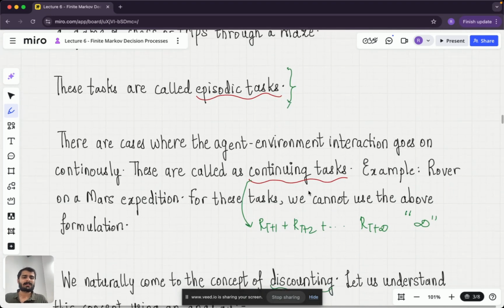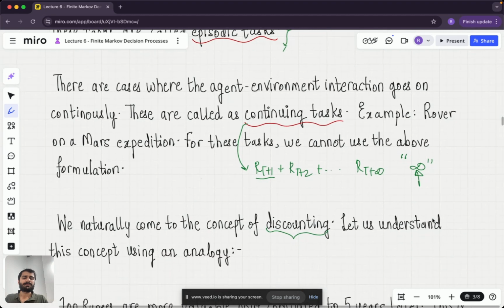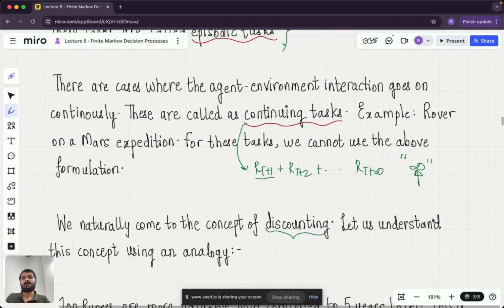So for these tasks, we cannot use the above formulation because, let's say I start when Chandrayaan is sent to the moon and I add all the rewards. The rewards will just keep on adding, adding, adding, and might reach close to infinity. That is why we have to give certain priority to certain rewards.